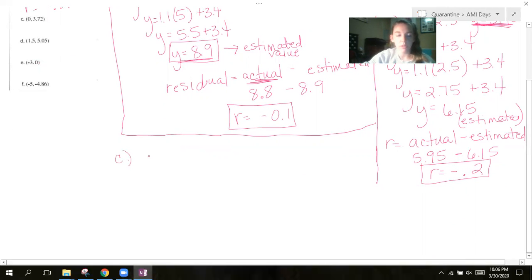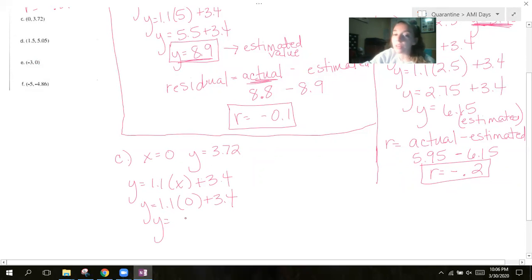So part C tells us x equals 0, y equals 3.72. So our first step is going to be to plug in our x value. So I have y equals 1.1 times 0 plus 3.4. 1.1 times 0 is going to be 0 plus 3.4. So y equals 3.4. Okay, so remember, this is our estimated.